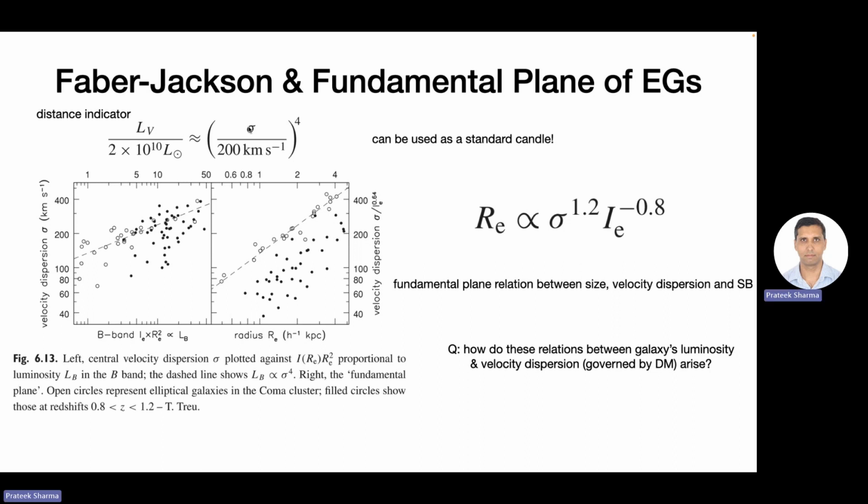How come the dark matter and the stars have tightly coupled evolutions, so that the depth of the potential well tells us the number of stars you should form? These correlations tell us a lot about the physics of their evolution.